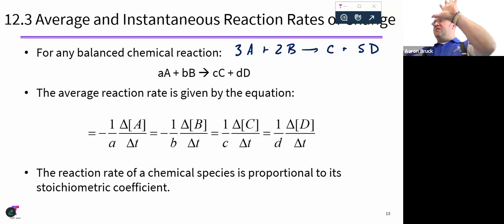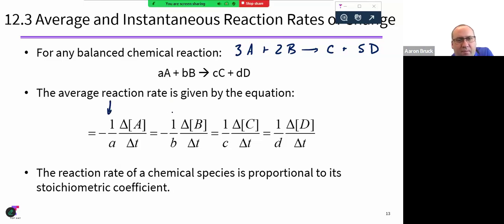That way C and D are on the same terms now. And I would cut A down by 1/3 and B down by 1/2, so that would match the stoichiometry of C. That's what these fractions are all about.